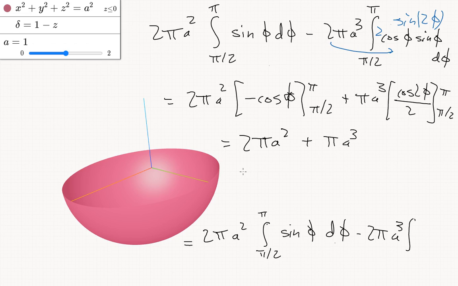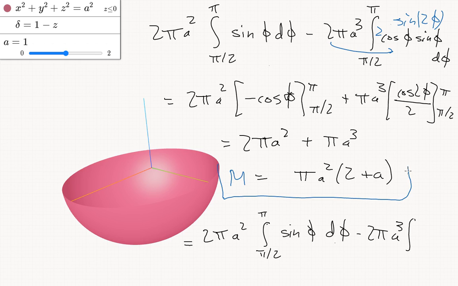So if you want to simplify that, you don't have to, but you could write that as pi a squared times 2 plus a. And so this is the mass.